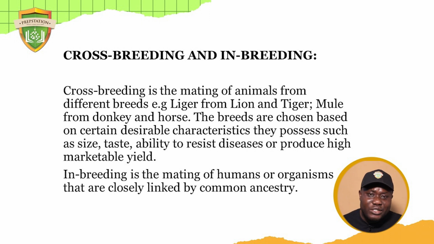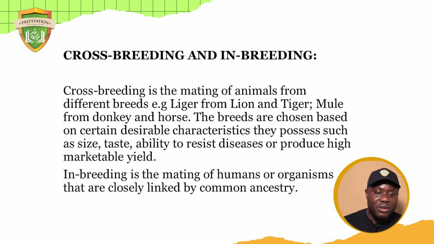Obviously, the liger did not come from natural mating. It must have been that they collected the sex cell of a tiger and that of a lion too, like we do in IVF in human beings, or we do a kind of cloning. Are you there now? So they join the two of them together to produce a liger, but if not, it cannot happen. So the liger will be sterile.